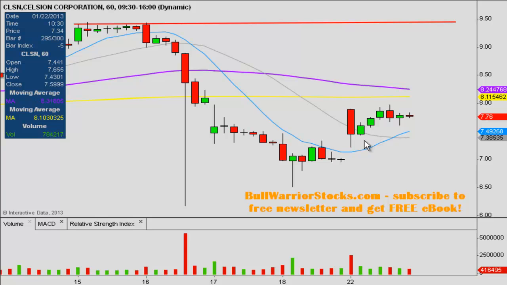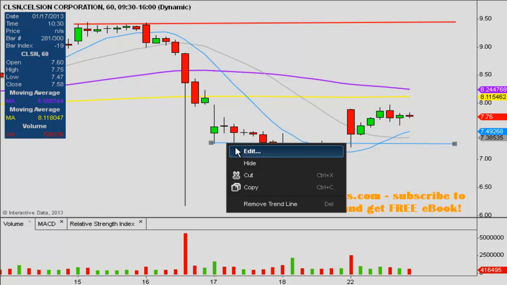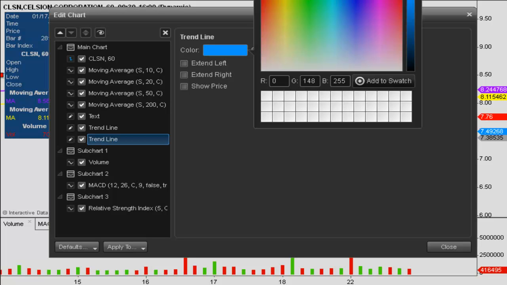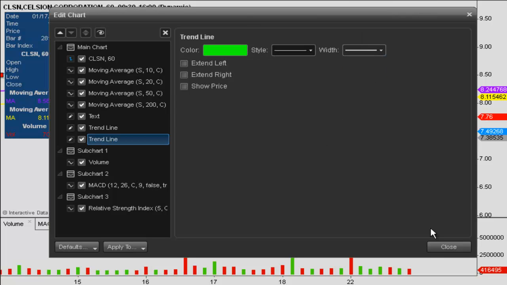So for the time being, higher lows are being put in, and those two moving averages are the resistance levels that you're going to want to keep a close eye on. In regards to supports, ideally you want to continue to see the price keep putting in higher lows, but as long as the price can continue to remain above the $7.30 range, we'll call it, that'll bode well for the chart and keep it looking attractive.